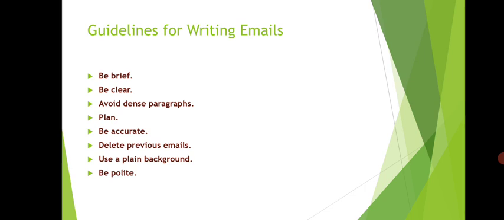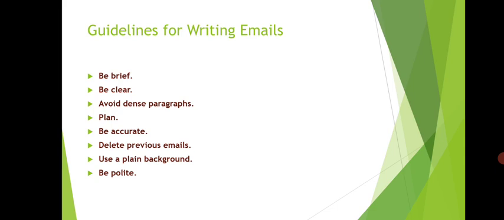Then there are some guidelines for writing emails. So what are the guidelines for writing emails? It's very important to be brief. You have to be brief when you are writing a mail. Get straight to the point with your reason for writing. That's very important. So be brief, then be clear. Then avoid dense paragraphs. Always try to be short, means use shorter paragraphs.